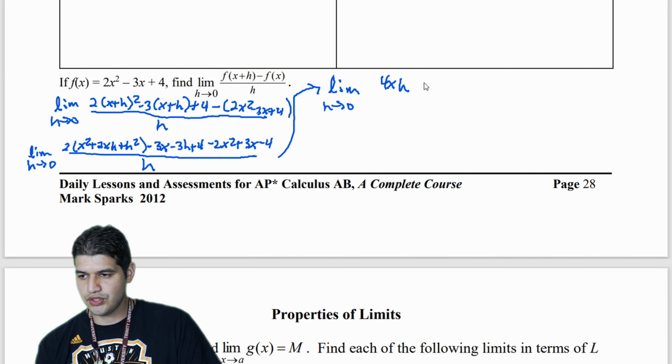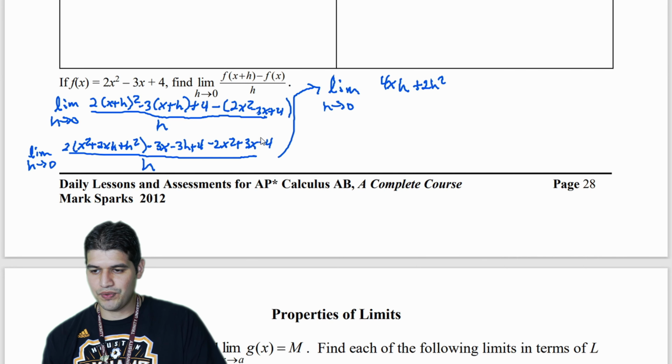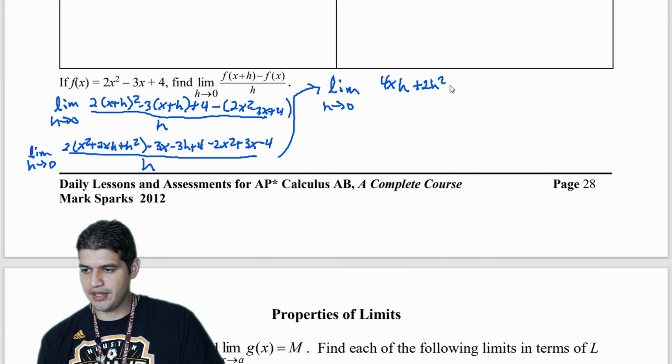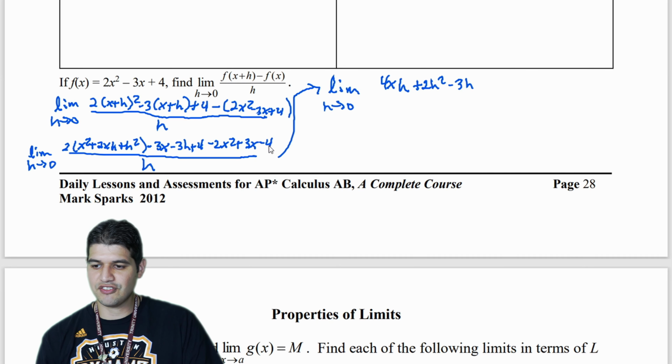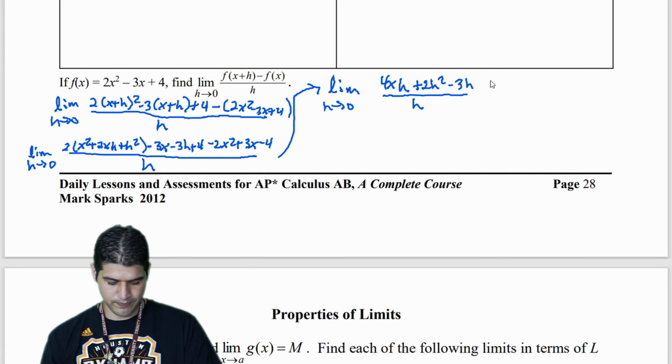So plus 2h squared. And then minus 3x cancels out with this positive 3x. And then minus 3h here, nothing else to combine there, so just minus 3h. And then it says plus 4 and minus 4, so those cancel out. So it became very small very quick, and it's still over h.